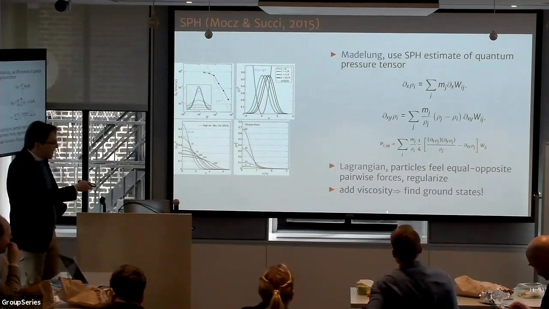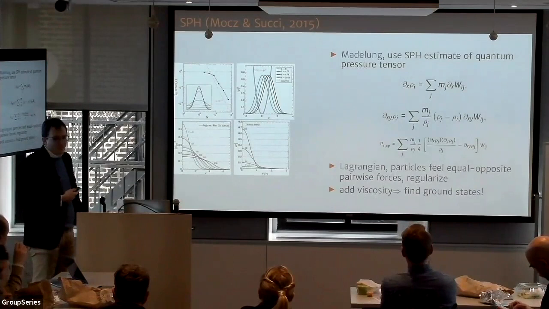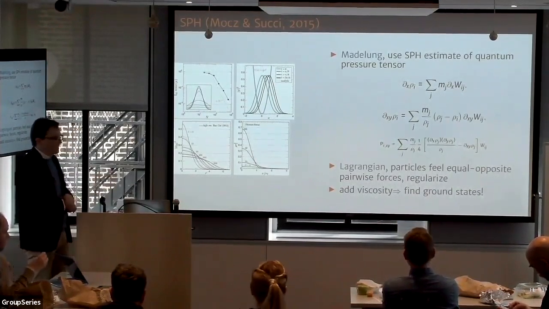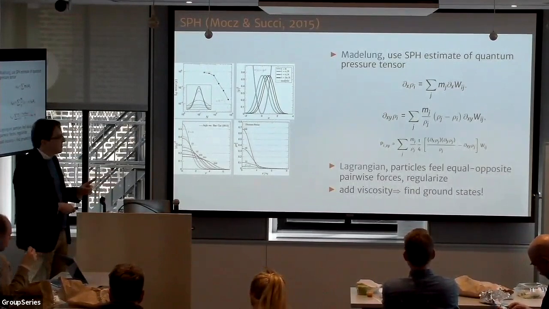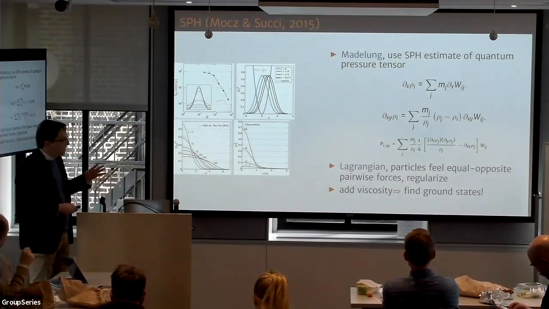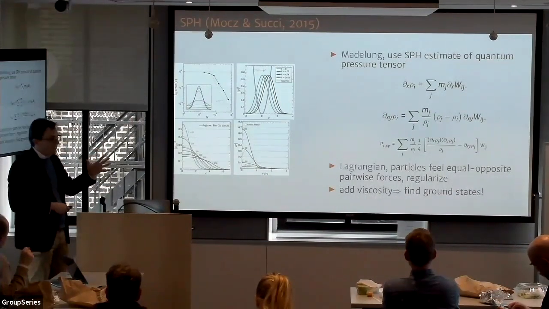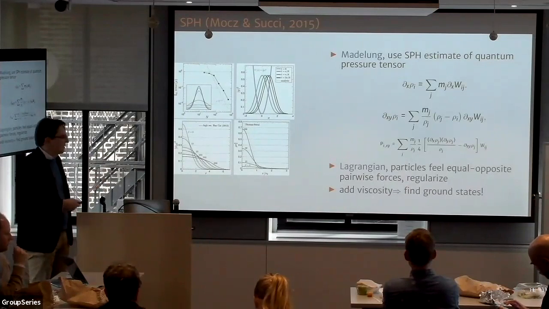And I have this point about the potential. One of the open problems sometimes in these physical systems is to find ground states. So if you add viscosity, which is something you can easily do in this fluid formulation, you can actually evolve your solution into a ground state if that's what your goal is.